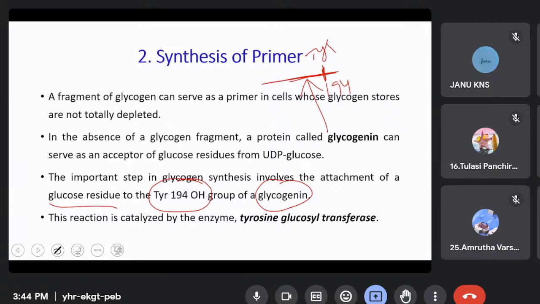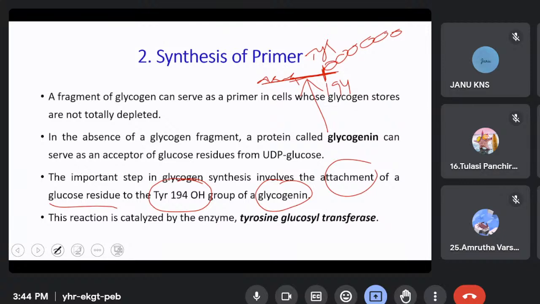Protein means it is made up of amino acids, so there are so many amino acids. The 194th amino acid is tyrosine. To the hydroxyl group of this tyrosine, the attachment of a glucose residue takes place. Thus, the glucose chain elongates and glycogen is formed.